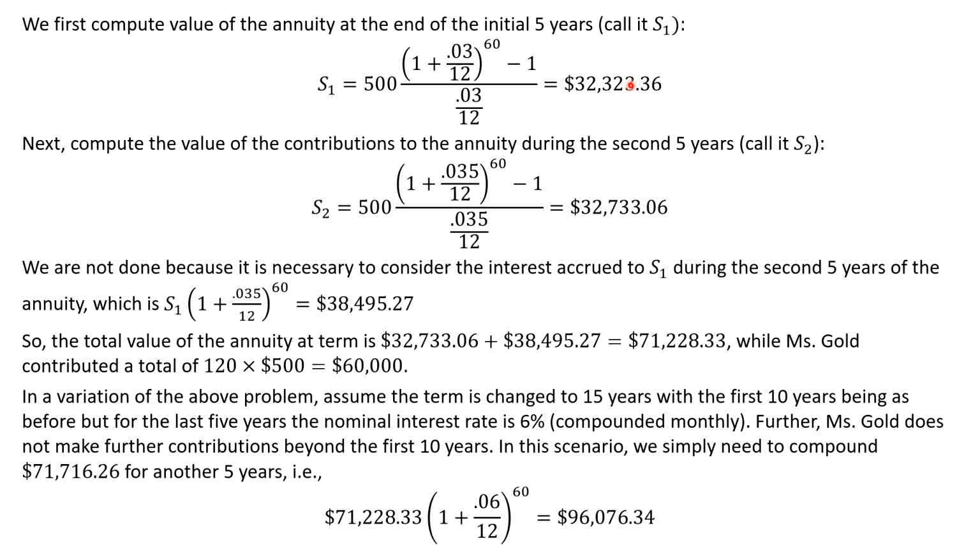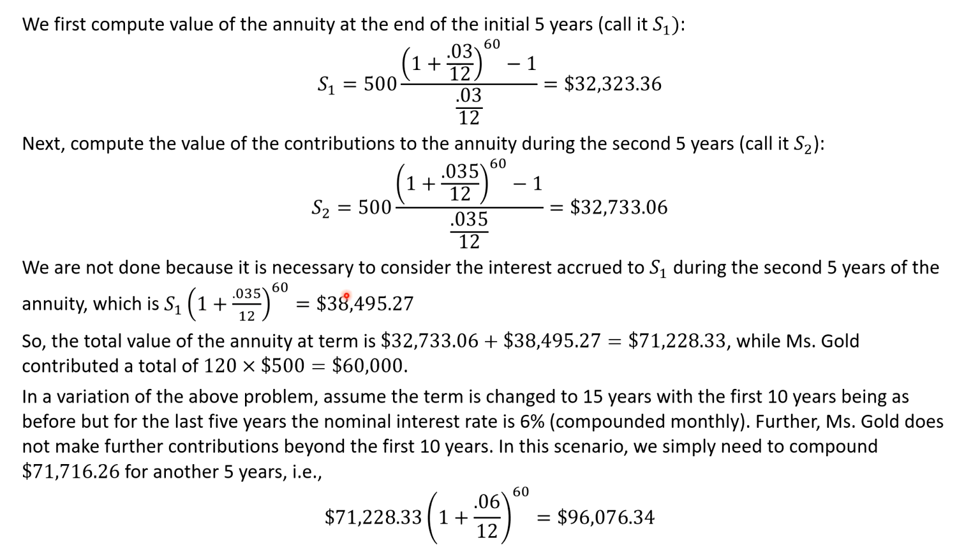S1 continues to accrue money over the second 5 years. So we have to do a compound interest computation on this, and we know that formula. So this is our initial principal. Then the rate is 0.035 divided by 12, and then over the next 60 months, you're not depositing $500 anymore.